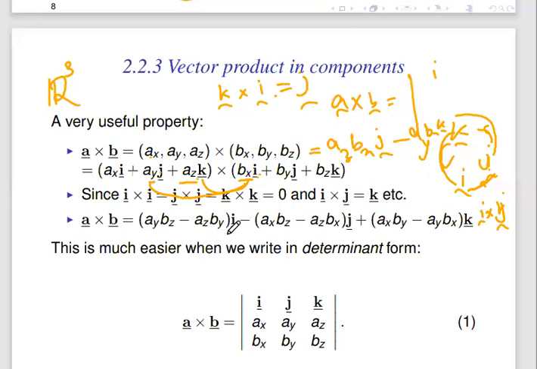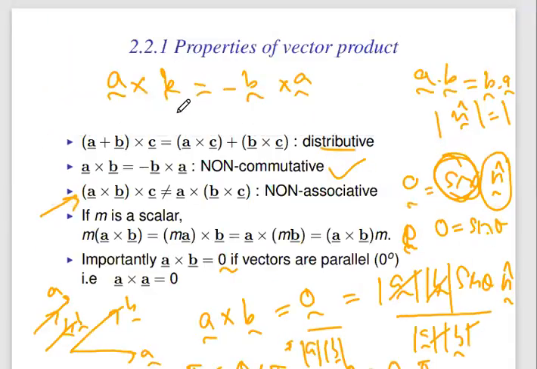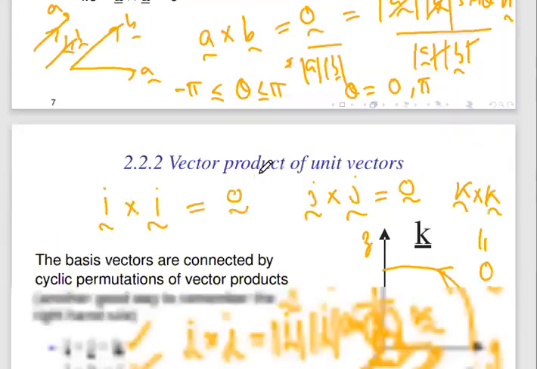So here, the J term is positive A Z B X. Like that you can expand this, because the cross product satisfies the distributive law.